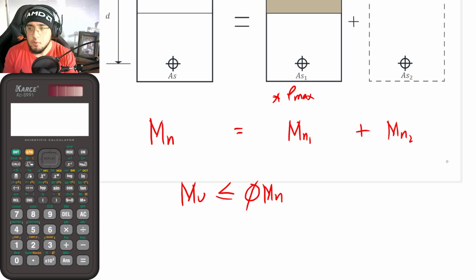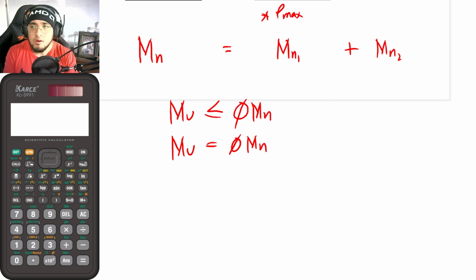But in our situation, we can just equate them. Mu is now equal to phi Mn. And since our Mn is now split into two parts, namely Mn1 and Mn2, we can now write this as Mu is equal to phi times (Mn1 plus Mn2).